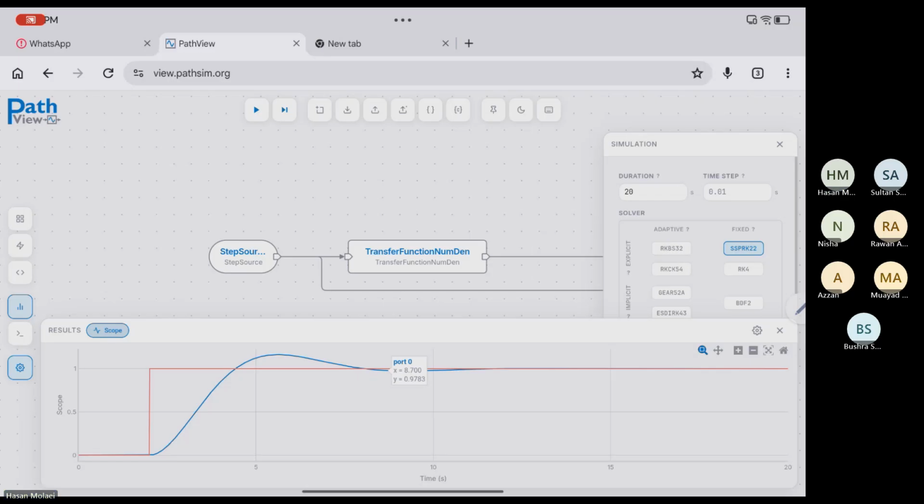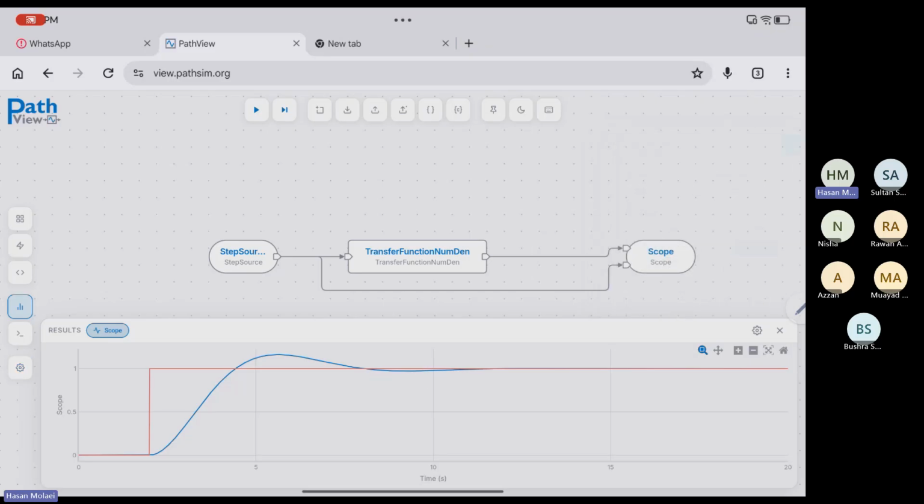Yeah. And how much is the overshoot? The peak of overshoot? Almost 5.5, yeah.